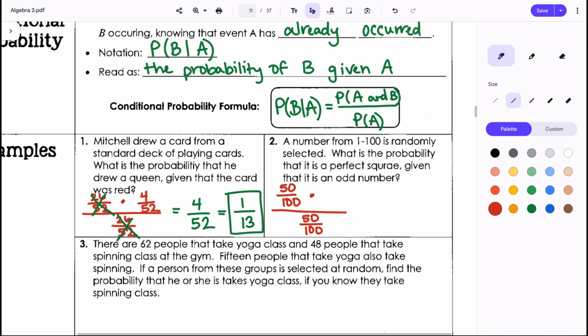So go through and tell me how many perfect squares there are from 1 to 100. Anyone know how many there are?